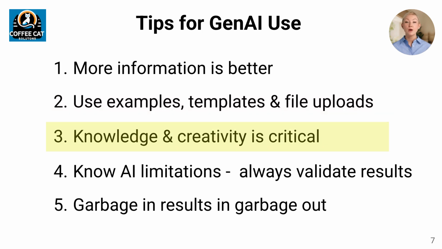3. Project management knowledge and creativity is critical for asking the right questions and giving GenAI the right information to develop a comprehensive and quality schedule. If you are a CSM, CSP, or ACP and have not had traditional project management training, consider getting a project management certification. 4. Know AI's limitations.